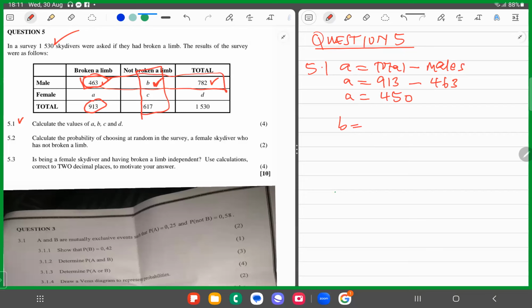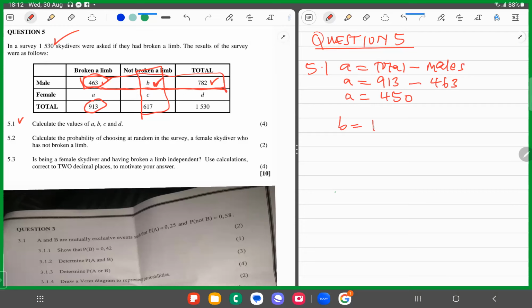So note that we can use either the first row or the second row. I'm going to use the first row because it has only one unknown, B. 463 we know, B we don't know, 782 we know.